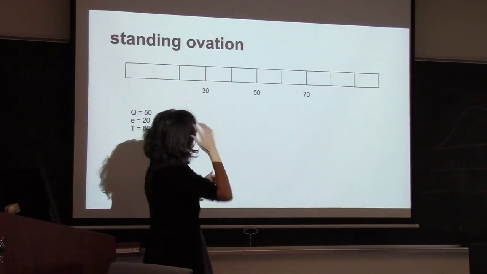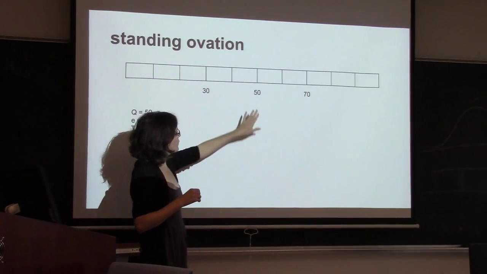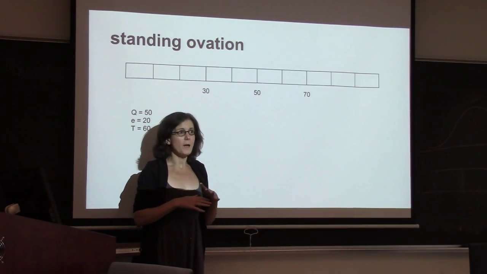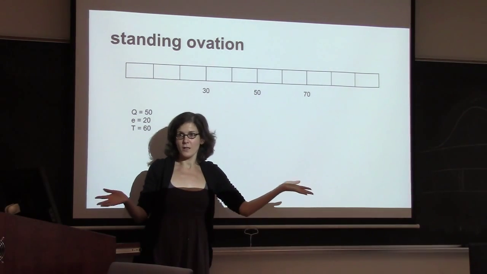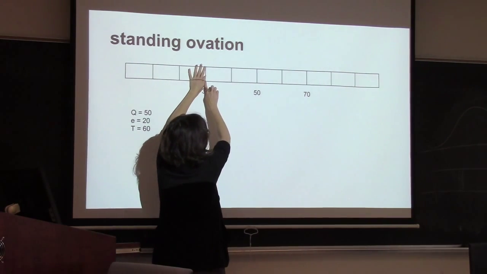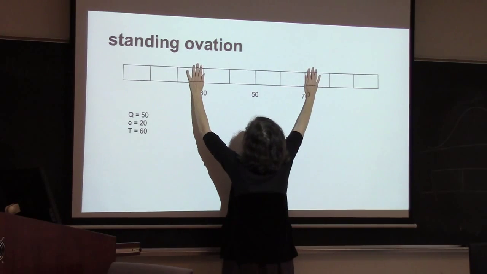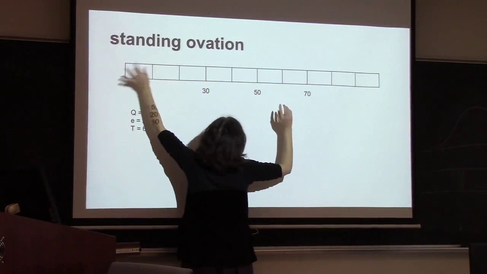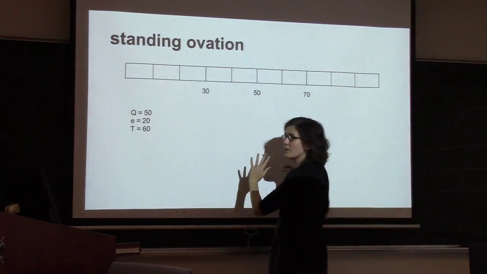So you go to a performance, and the true quality of the performance is 50. But among the audience, some of you see it as a 30, some as a 70, and everybody is in between, uniformly distributed. In other words, nobody sees it as a 20 or 10, nobody sees it as an 80 or 90.